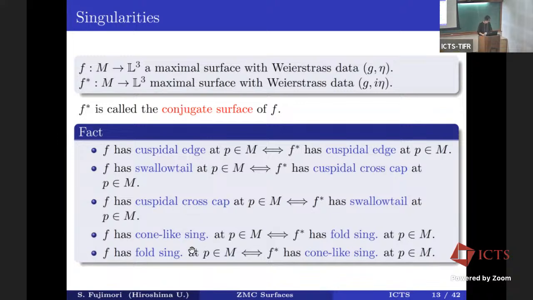Also, if F has a conelike singularity, then the conjugate surface at P has a fold singularity. And vice versa, if F has a fold singularity at P, then F star, the conjugate surface, has a conelike singularity. So the conelike singularity and the fold singularity are conjugate to each other. Okay. So the cuspidal edge is invariant, swallowtail and cuspidal cross cap are conjugate, and conelike and fold singularities are also conjugate. Okay.